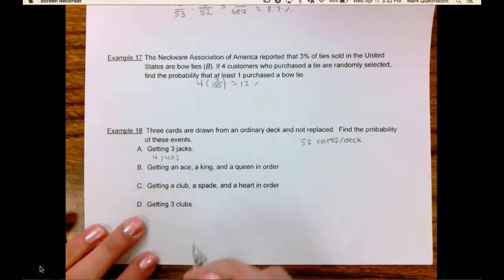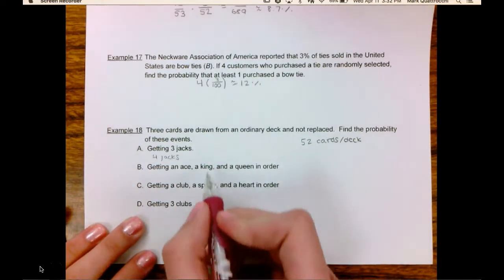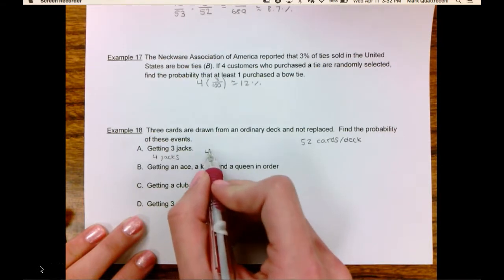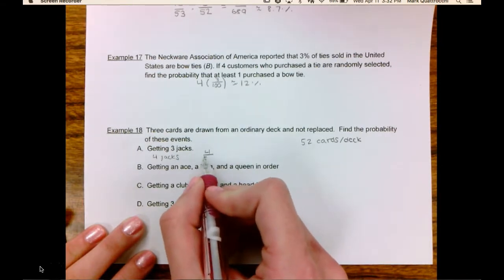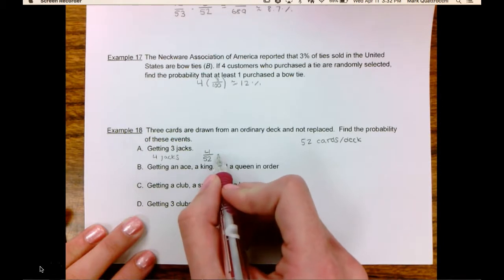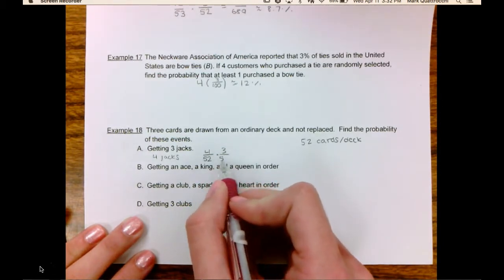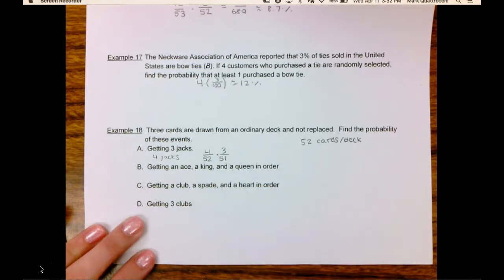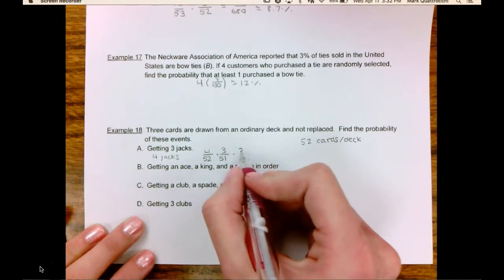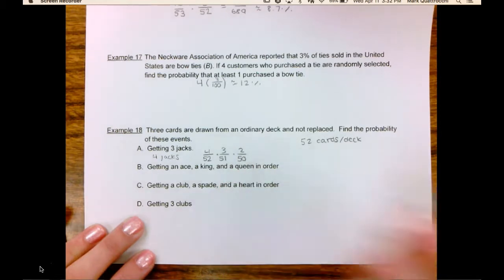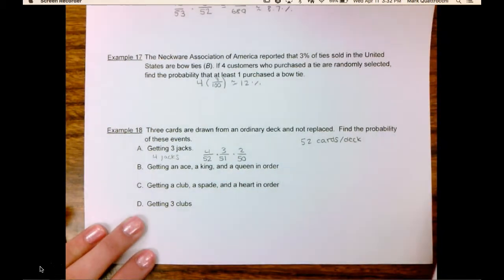So the probability of picking 3 jacks for the first one is 4 out of 52, and then you remove 1 jack and 1 card from the overall deck, so 3 out of 51 is the probability of picking a second jack, and then 2 out of 50 is the probability of picking a third jack.